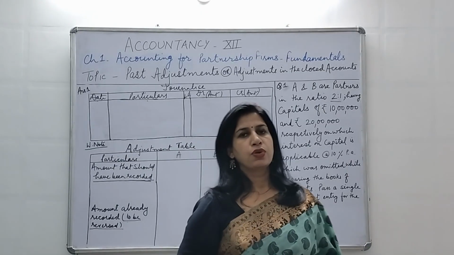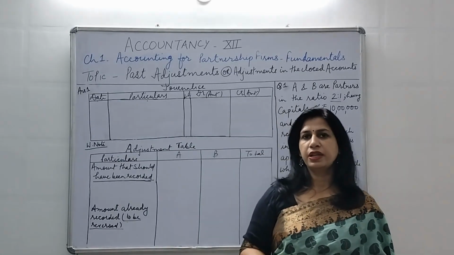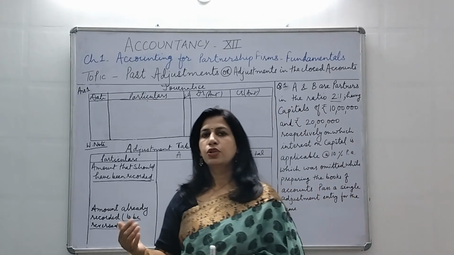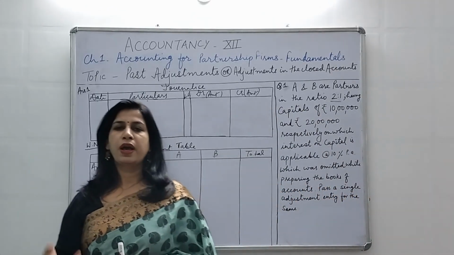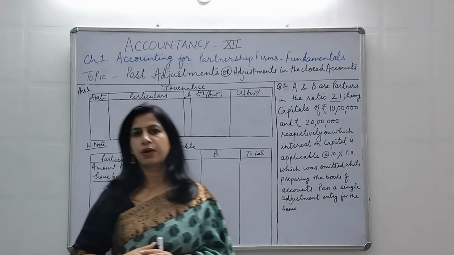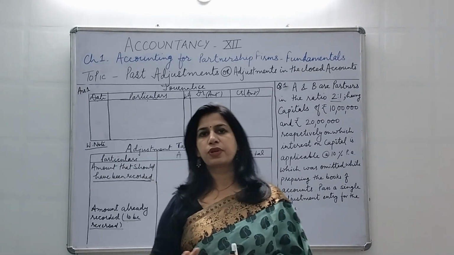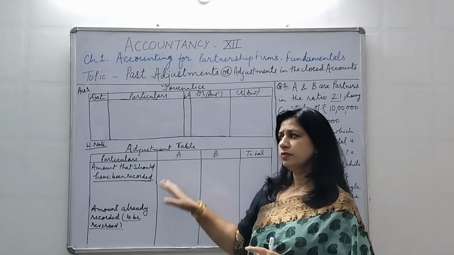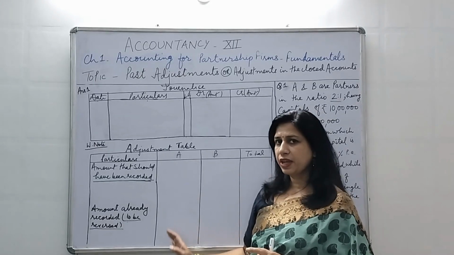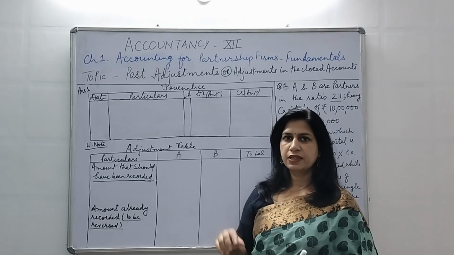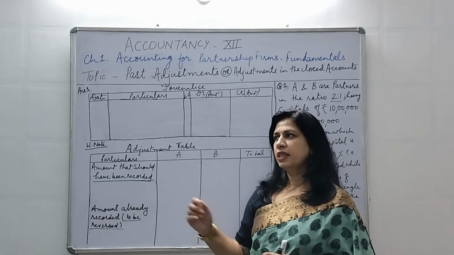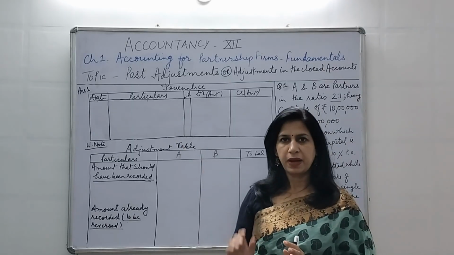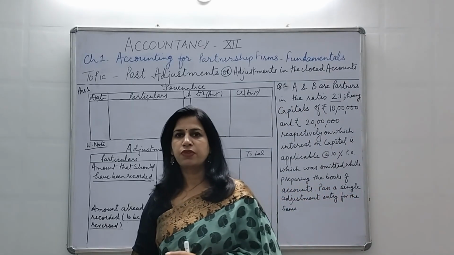The one who has by mistake got more money will pay back that amount to the other partner who by mistake has got a lesser amount. That we are going to calculate in the adjustment table, and after finding out who will get more money and who will pay the money, an adjustment entry will be passed, and in this way the correction will be done.